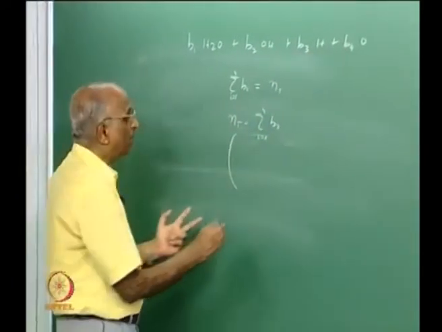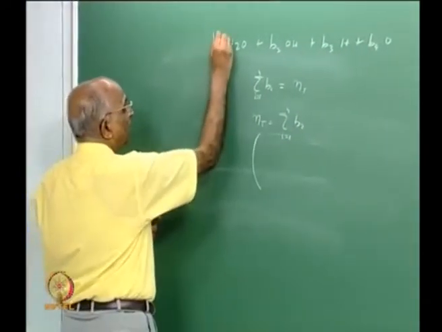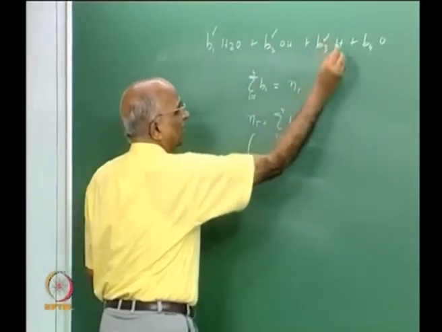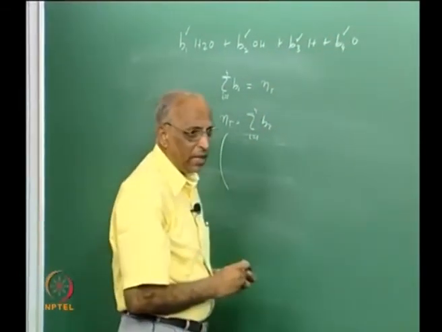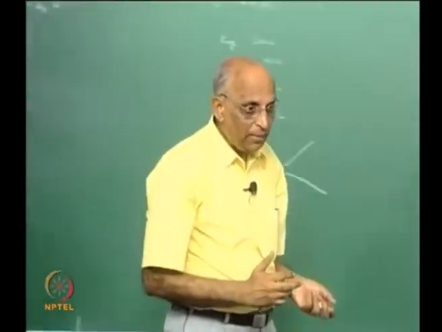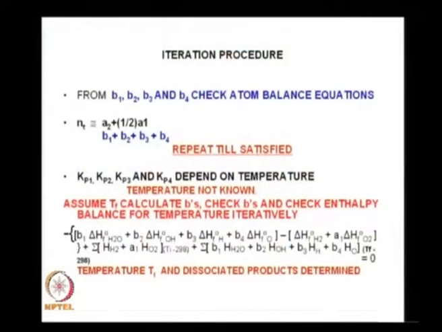We go through this loop, get B1, B2, and after I am able to get all these to be the same, I go and write out my enthalpy equation again. And what is my enthalpy equation? I need to check the heat of formation of the products: I have B1 moles of water, heat of formation of H2O is known, B2 moles, heat of formation of OH is given, B3 moles, heat of formation of H is given, B4 moles, heat of formation of O is given, minus the heat of formation of the reactants, hydrogen, and A1 moles of heat of formation of oxygen.